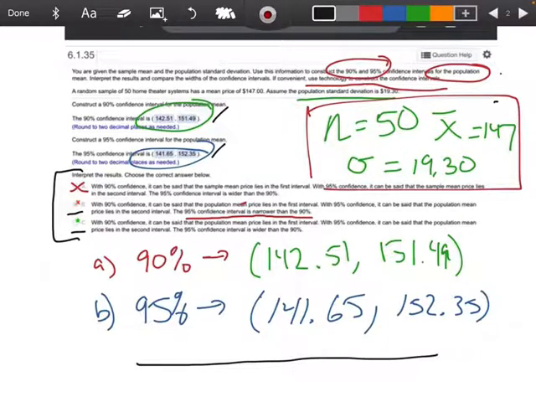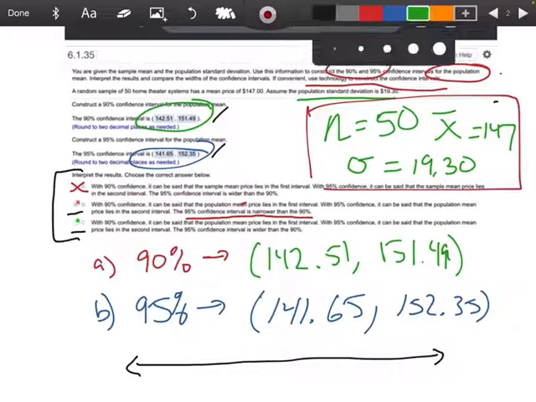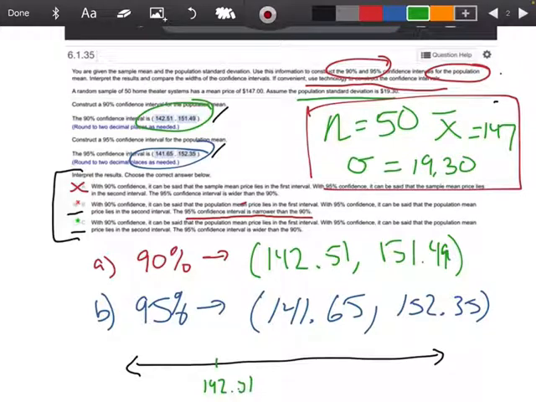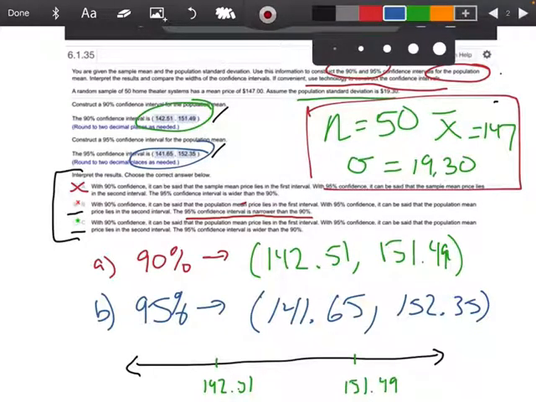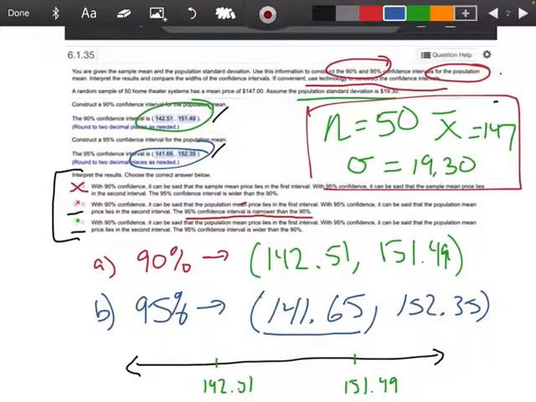If I were to draw a number line, and I'm going to do this using the colors that I'm using here, like green and blue. So with green, I would mark 142.51 here, and then I would mark 151.49 here. And then when I do the blue, 141.65 would actually be to the left, and 152.35 would actually be to the right.